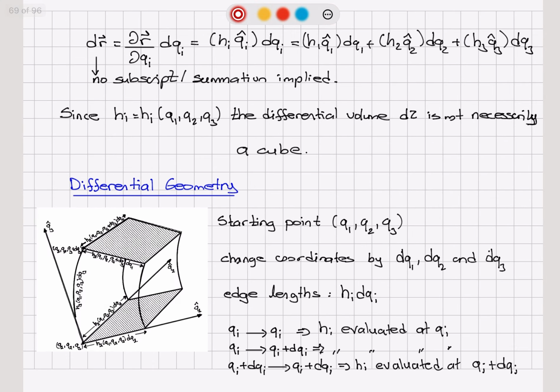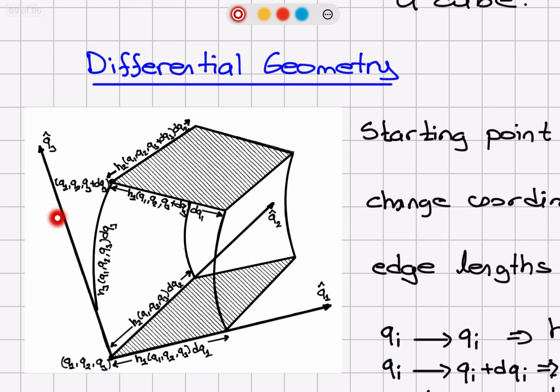Okay, so we talked about the differential geometry, where we have the curvilinear coordinate axes q1, q2, q3, and the corresponding unit vectors. For a differential displacement on each of these axes, I have to multiply the differential change in the coordinate with the scaling factor, and I have to be careful about which surface we have these vectors on.